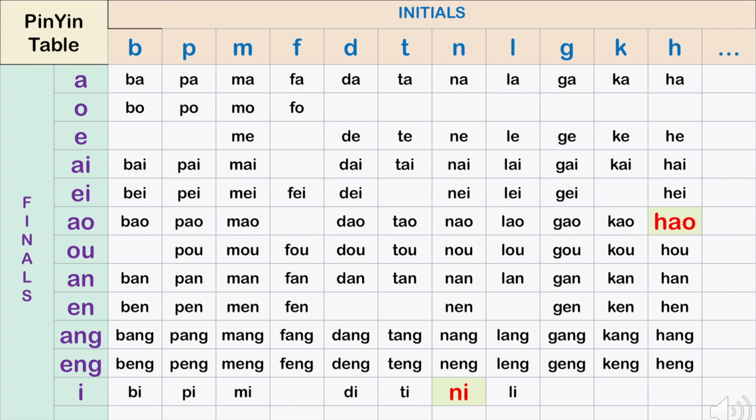For example, 你好, 你 with the initial n on the top, the final i on the left, 好 with the initial h on the top, the final o on the left.